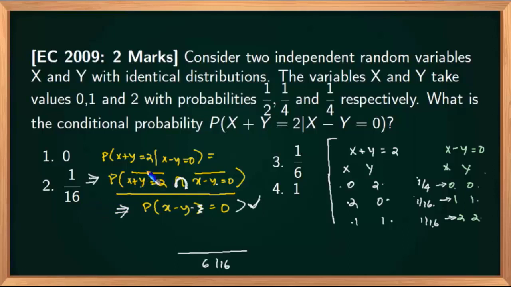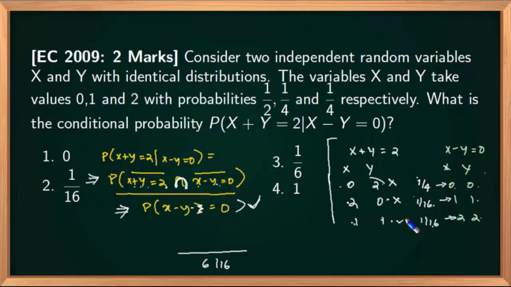So simultaneously these two things must happen, which means that x plus y must be 2 and x minus y must be 0. In the first case, x plus y can be 2 but x minus y cannot be 0 because they are different. In the second case also, x minus y cannot be 0.